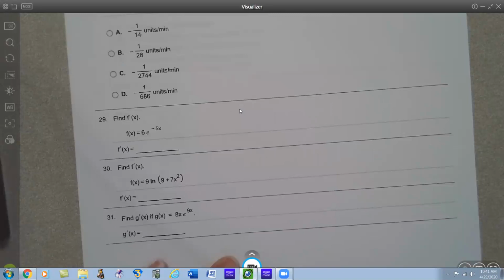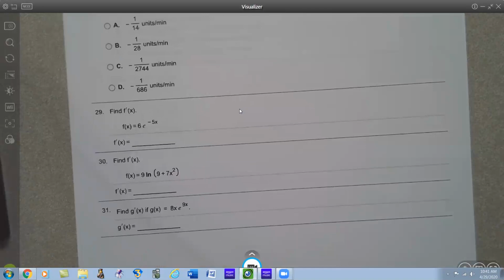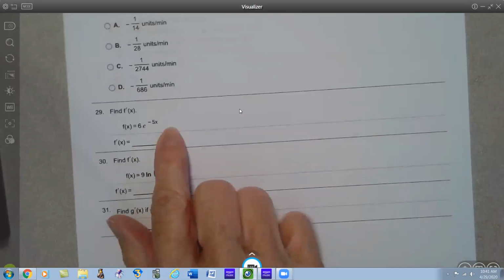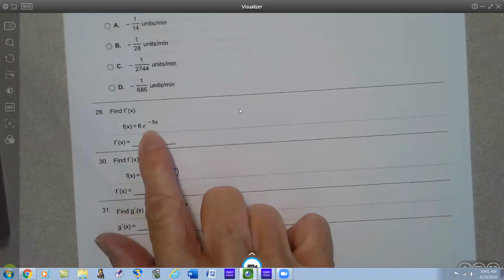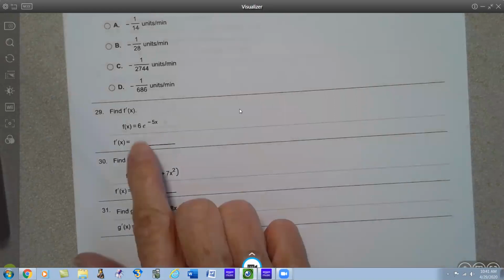29 is the E again. Remember, you write this whole thing down times the derivative of the exponent. So I would be multiplying this by -5. I should end up with a -30 e to the -5x. Now, those problems prior to this were multiple choice.